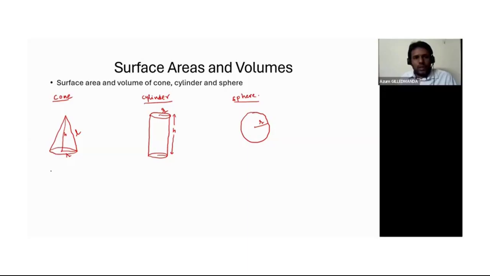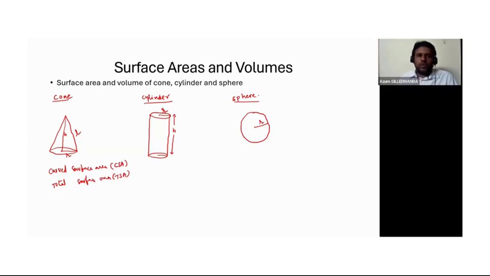So there are two areas here. One is the curved surface area, because these shapes have curves, right? That is called CSA, the short form, and also the total surface area, that we call TSA.